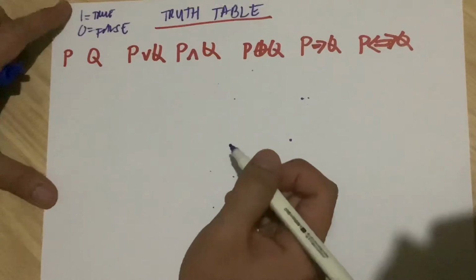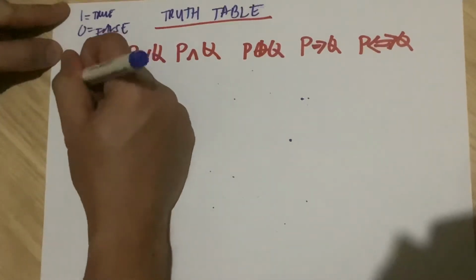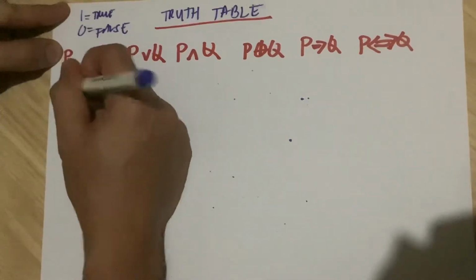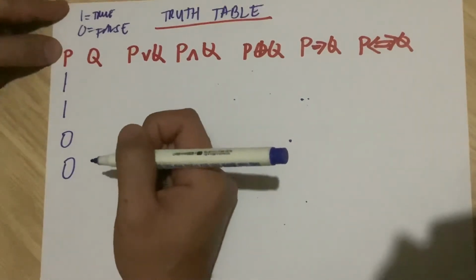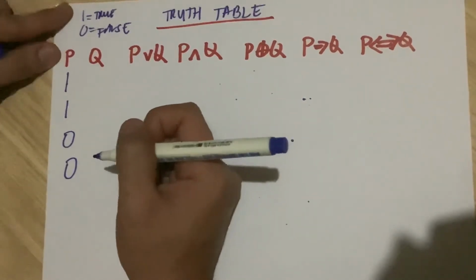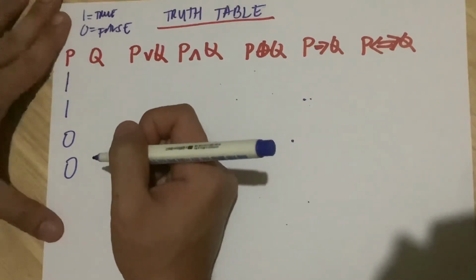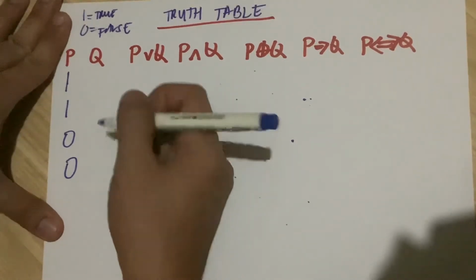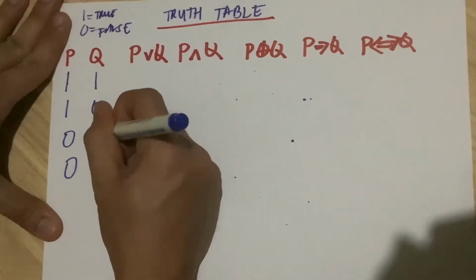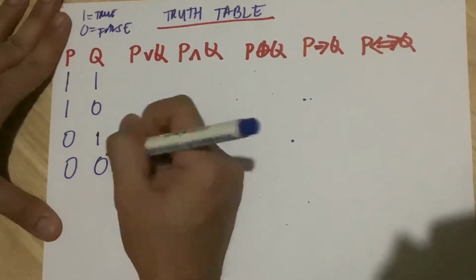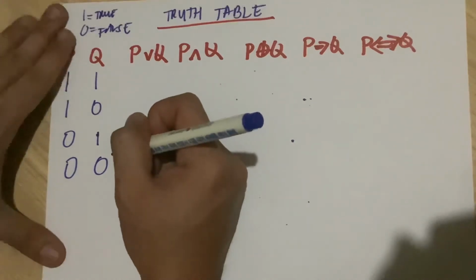So, let's have letter P: 1, 1, 0, 0. Okay. So, that's the first part. Then, we also have the second part, which is the Q: 1, 0, 1, 0. Okay?